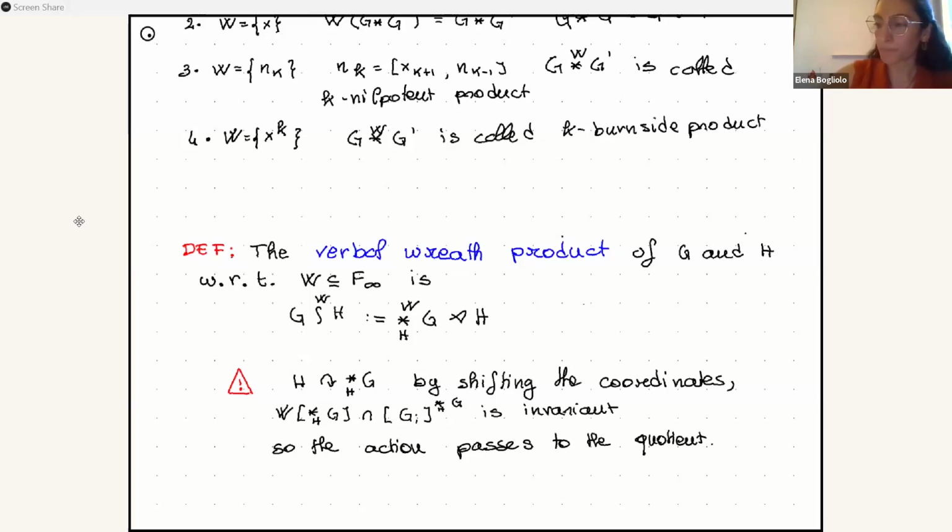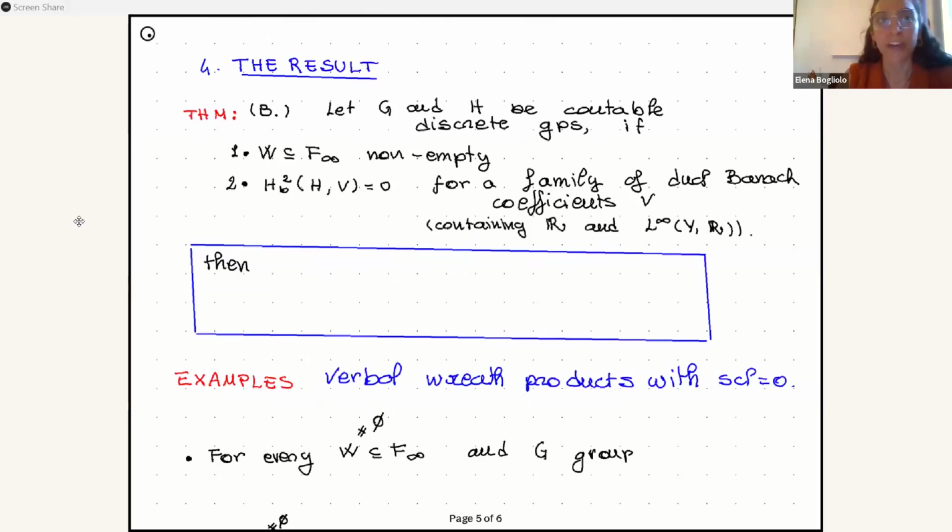Okay, so we now have all the elements to be able to state the result that we want to prove. Whenever we have a group G and a group H, we require both groups to be countable and discrete.